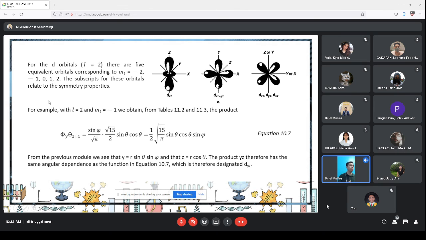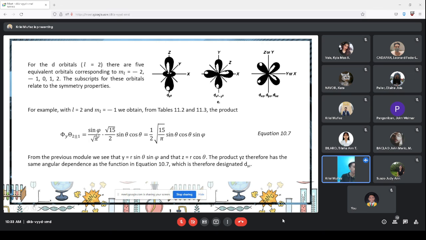So for example, with L is equal to 2 and ML is equal to -1, we obtain from table 11.3 the product. So of course, kukunin lang naman natin yung kailangan natin from the table, and then multiply natin. So we got the phi equation, and this phi class is for m sub L is equal to -1, and then we have the theta for positive -1.